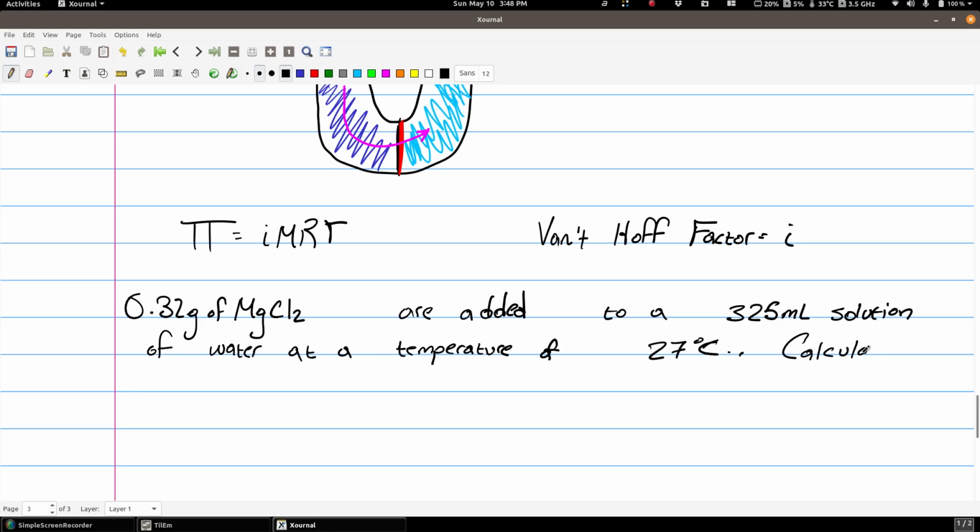Calculate the osmotic pressure in atmospheres.